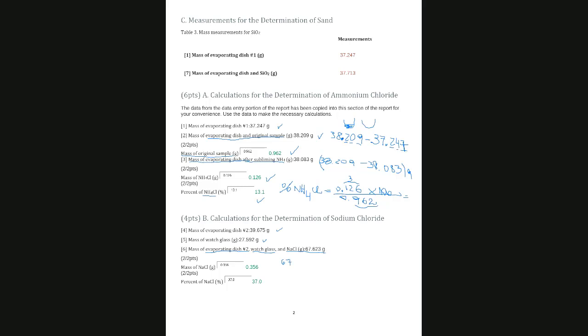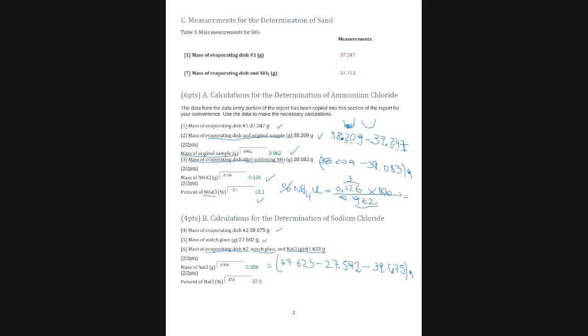So basically, I subtract 27.592, and then I subtract 39. You are going to have different numbers, but this is just so you know what to do. When you do that, your answer will be 0.356.